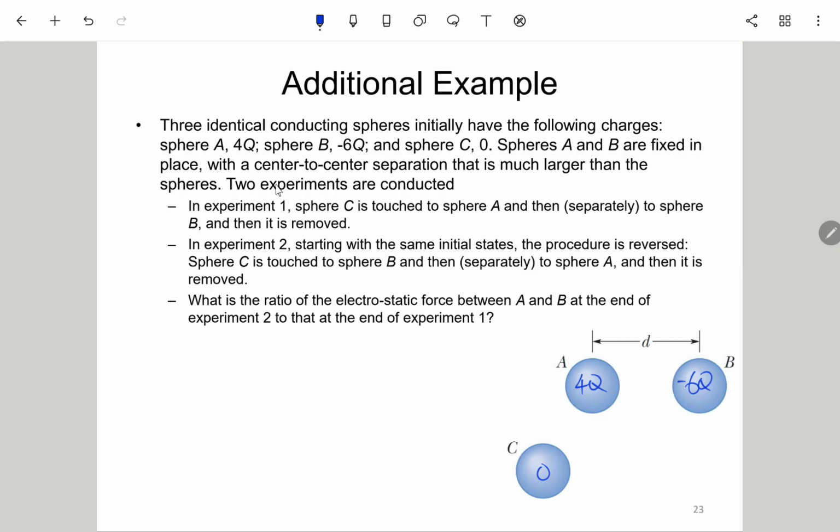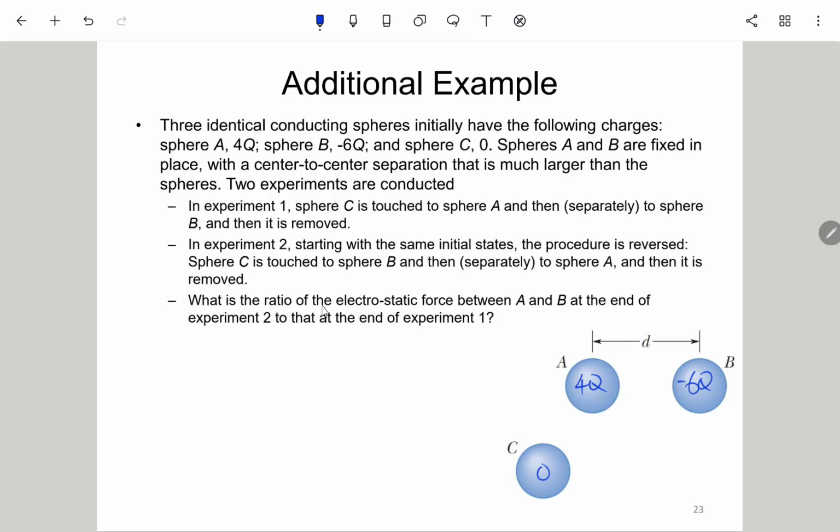Two experiments are conducted. In experiment 1, sphere C touches sphere A, then separates and touches sphere B, and then it is removed. In experiment 2, starting with the same initial state, it touches B first, then separates and touches A later, then it is removed.